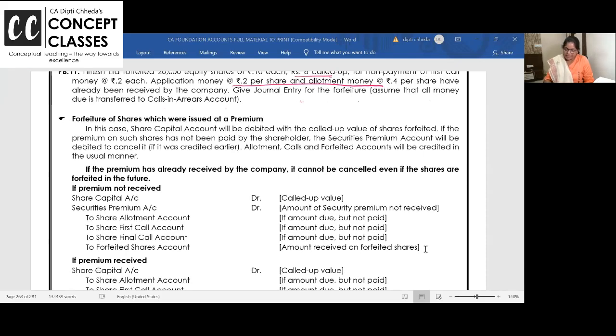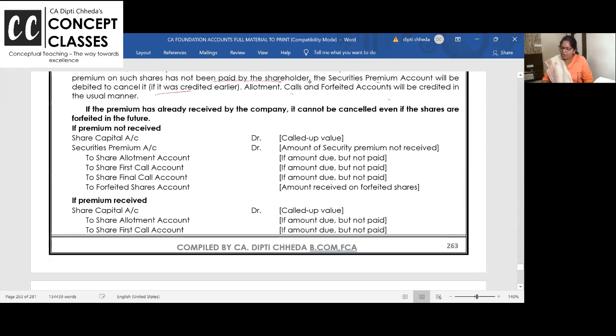Share capital will be debited with the called up value of the share forfeited. If premium on shares has not been received, securities premium will be debited to cancel allotment, call and all. If premium is already received, it cannot be cancelled even if shares are cancelled. Securities premium once received, you cannot debit it.